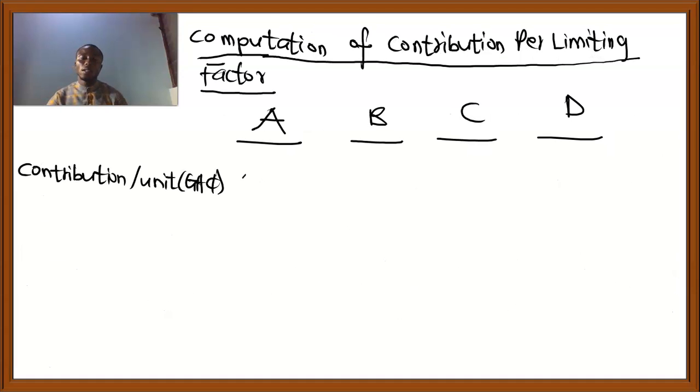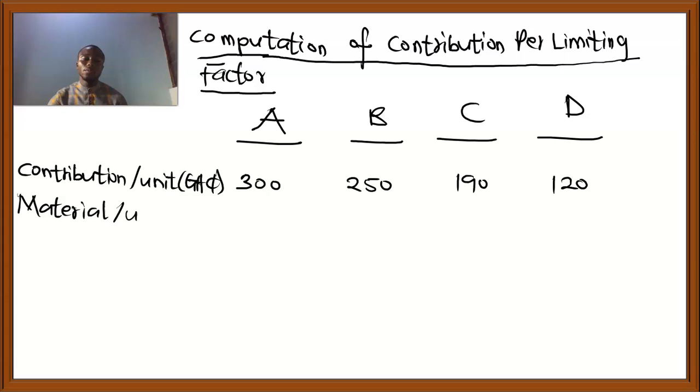So we have 300, 250, 190, and 120. Now we know our limiting factor. The limiting factor here is material. So we have material requirement per unit. So material per unit, which is in kilograms.